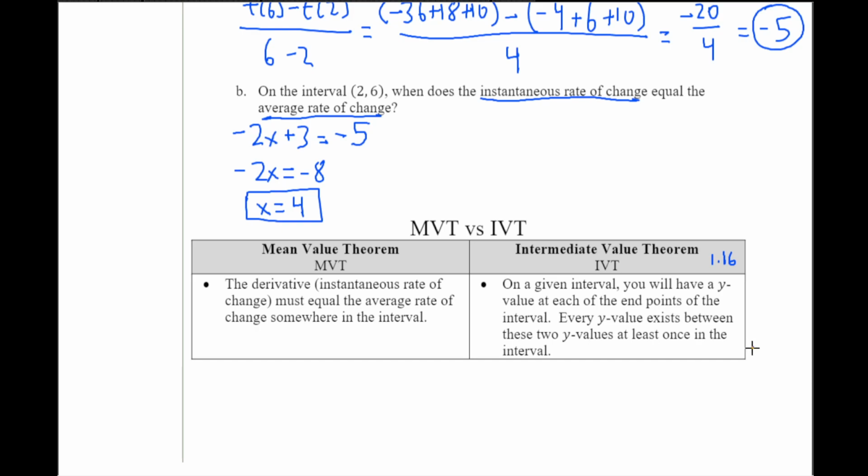As long as you have a continuous function, it's like if you start on the second floor of an elevator and end at the 8th floor, you're guaranteed to have passed through any floor in between. No derivatives for IVT. But MVT is with derivatives. The derivative must equal the average rate of change somewhere in the interval, which is what we just worked on. So don't get these two confused.